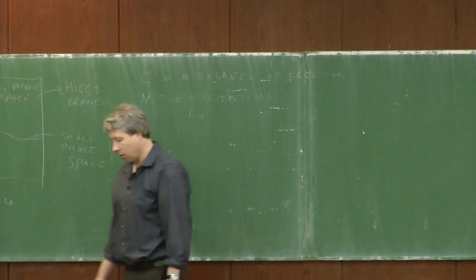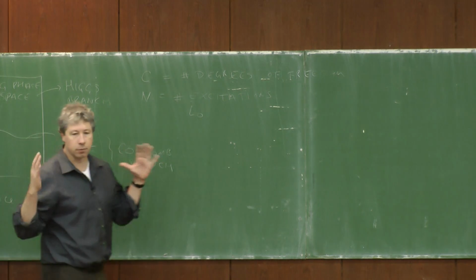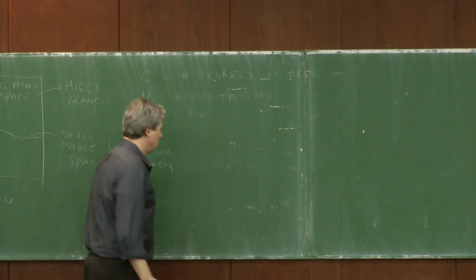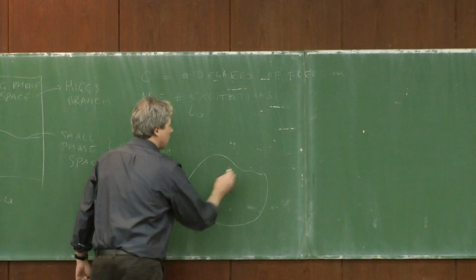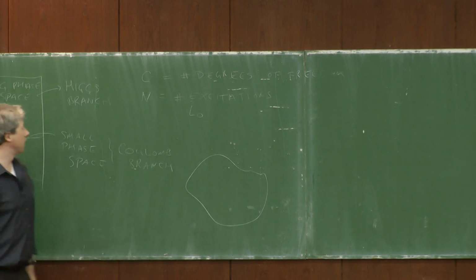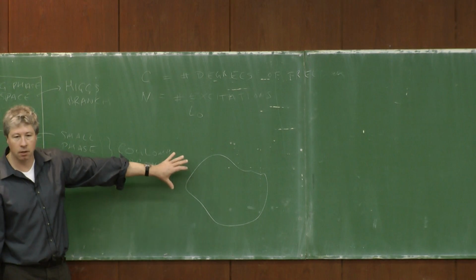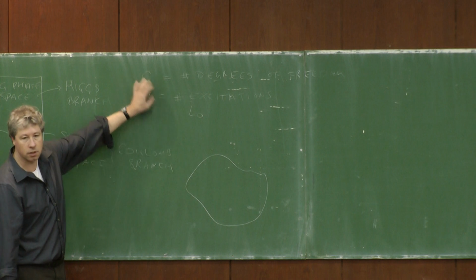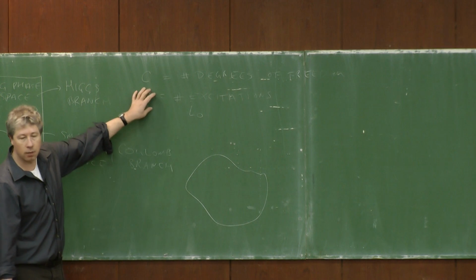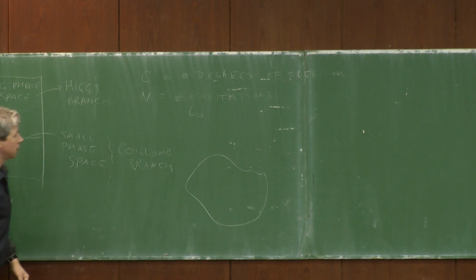I'm going to associate a phase space with every region of space-time. So I'm going to think about a part of space-time, and then ask what is the phase space that I'm going to associate with that. Then C will be determined by geometric data, or rather there's a translation from what C is to the geometric data. And the same with N in terms of the energy of the content of this.